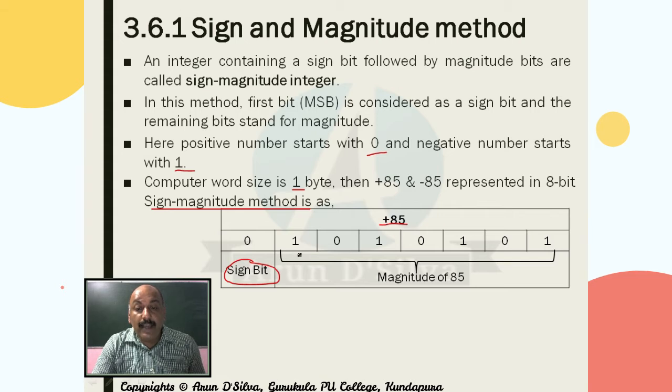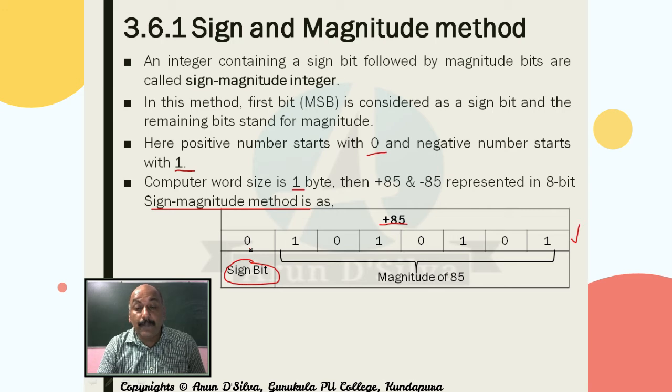As I just wrote in binary in the previous slide, we have seen how 85 is represented, 1010101. This is called the magnitude of 85. Magnitude means the 85 value in binary. Now the computer treats this as plus 85 because the sign bit value is 0.